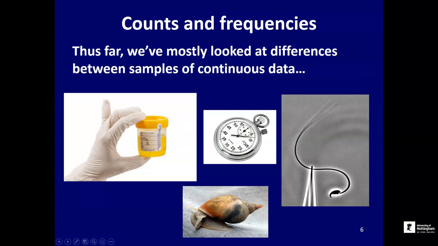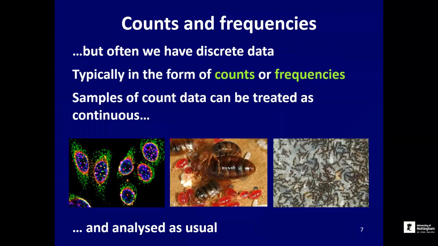Similarly, we looked at several examples where time was being measured, or the colour of urine even, which you can measure on a continuous scale. How blue is your urine? Etc., etc. So these were all classic examples of continuous data, and then we were looking at two or more samples, asking, are those samples different?